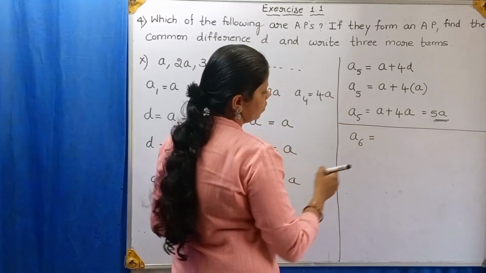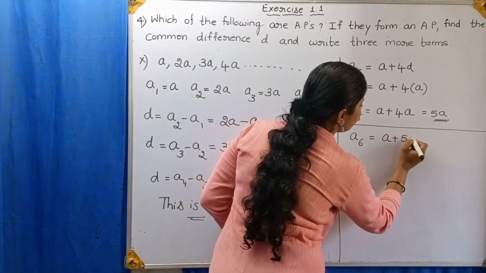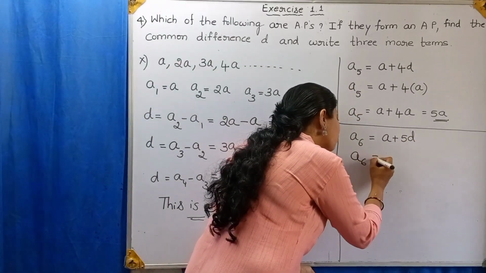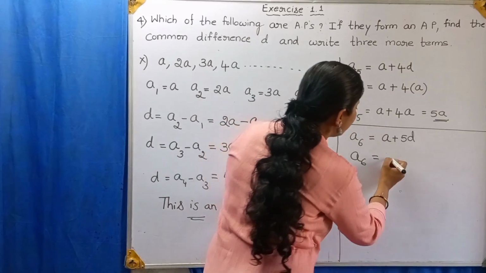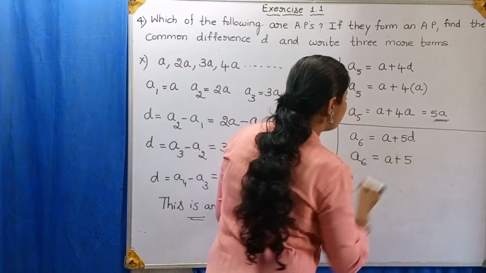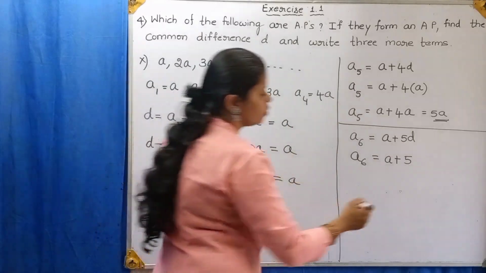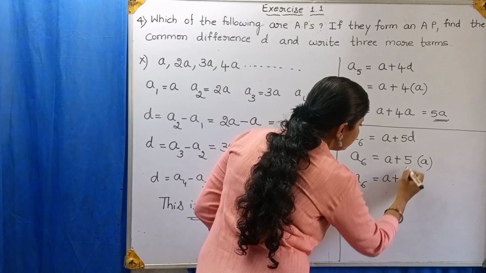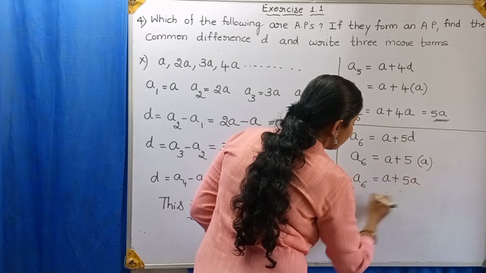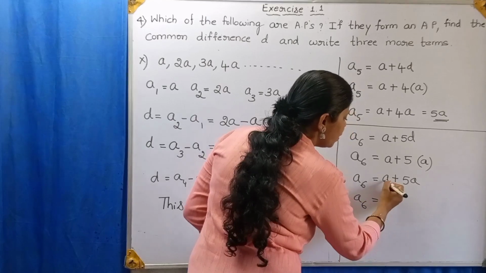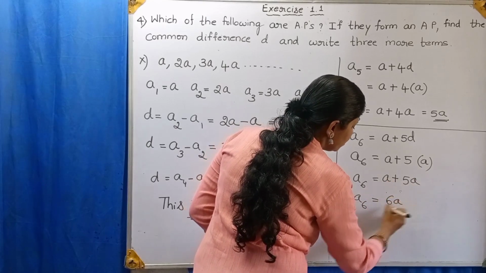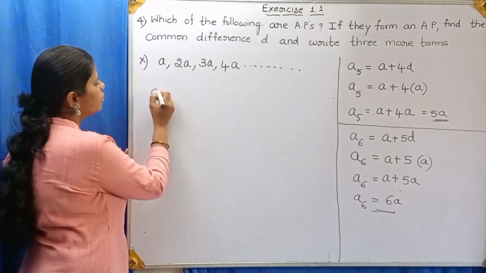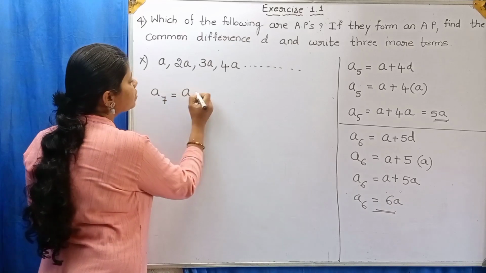Okay. Then let us find out A6. A6 is equal to A plus 5D, right? A6 is equal to A is A itself, right? Plus 5 into D is A. Let me write A. A6 is equal to A plus 5 into A is 5A. A6 is equal to A plus 5A. It is what? 6A. Now let me rub this one. A7 is equal to A plus 6D.